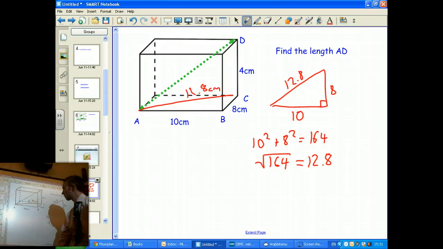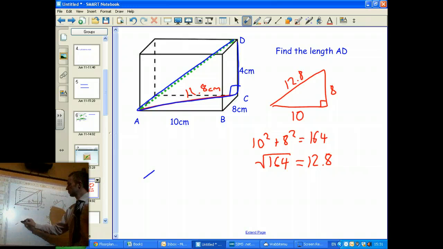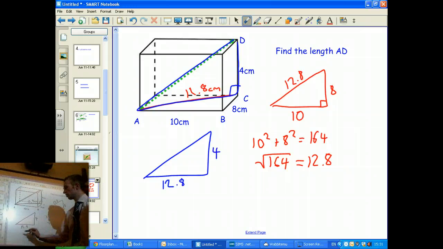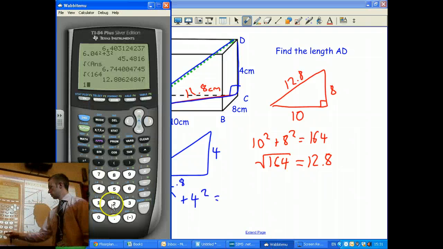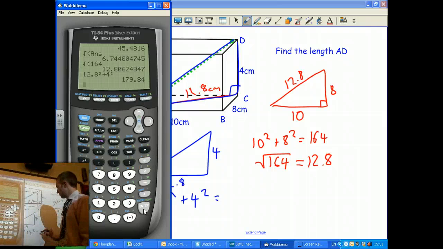Next up, I've just got this other triangle here. This one I've got 12.8, and this one here is 4, and I've just got to do the same thing. So 12.8 squared plus 4 squared equals that.